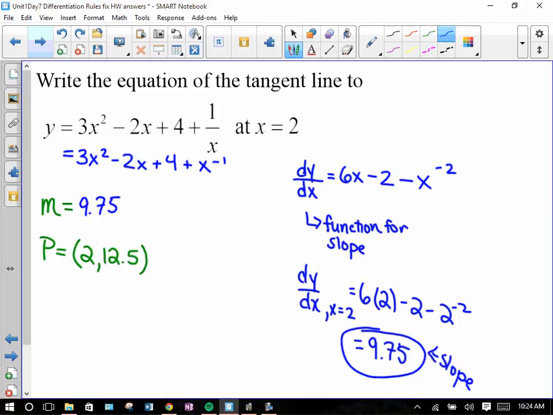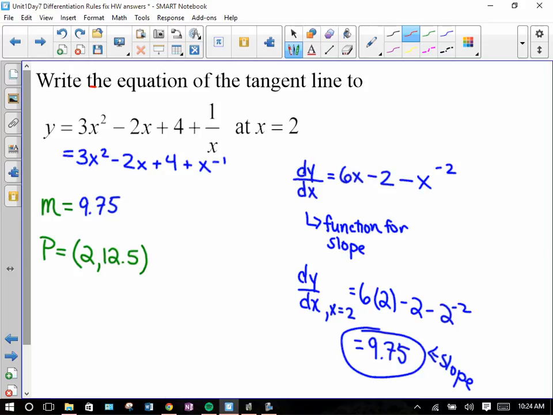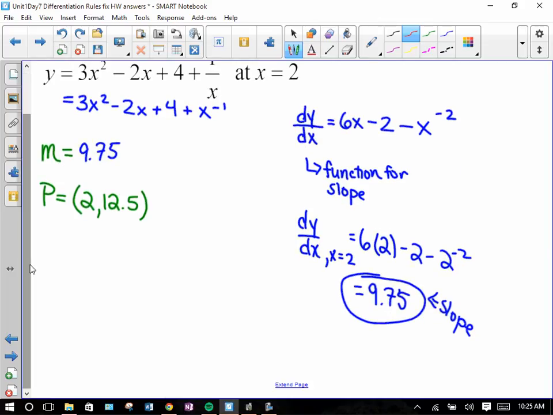Okay. Now, I need to write the equation though. I can't just stop here. So my equation is y minus y1 equals m times x minus x1.